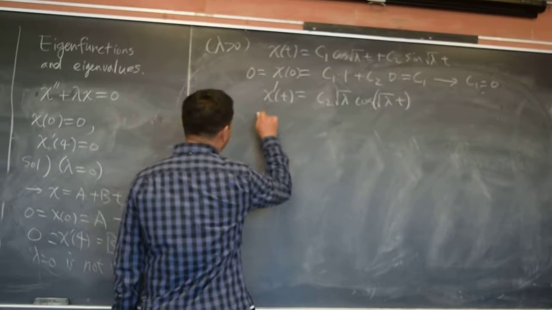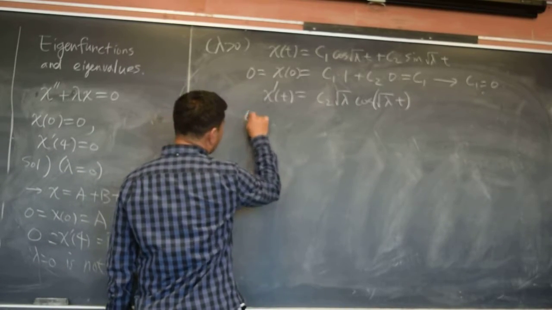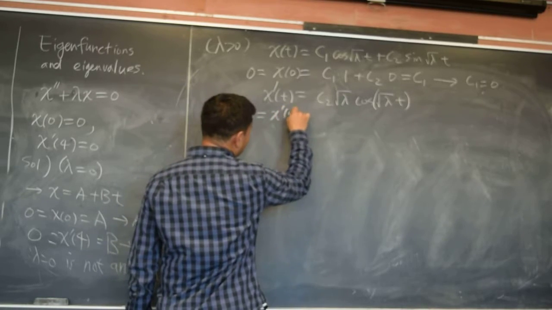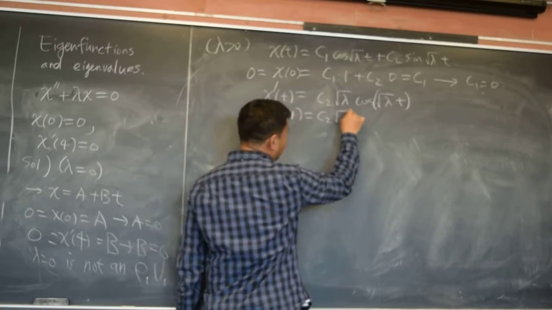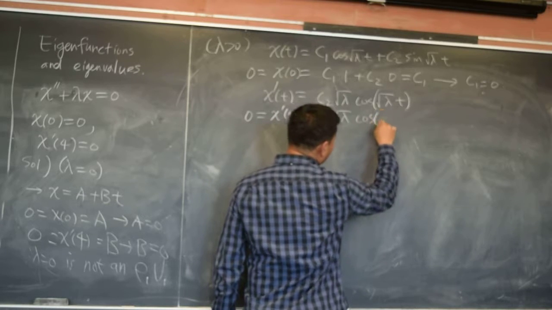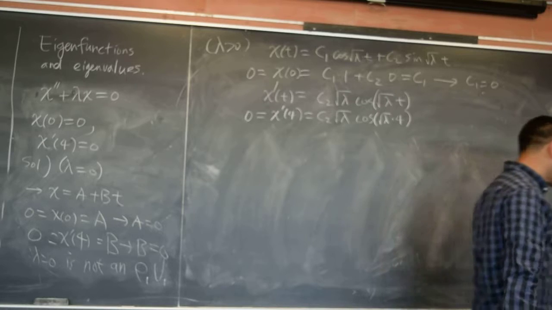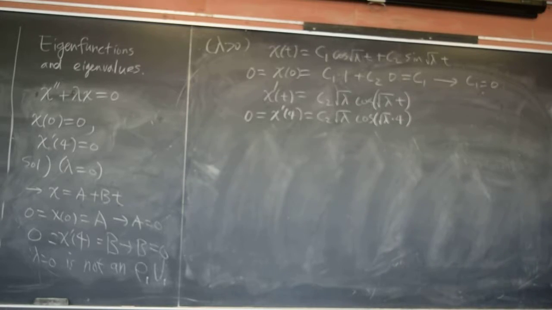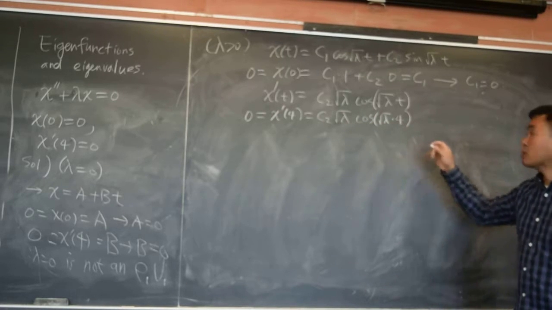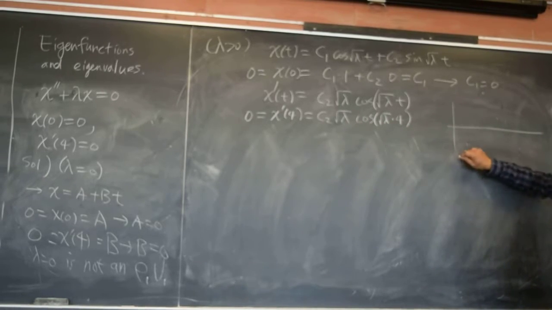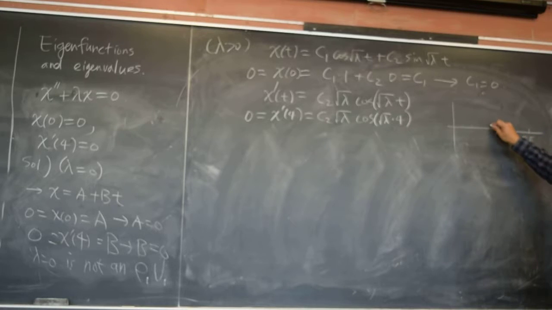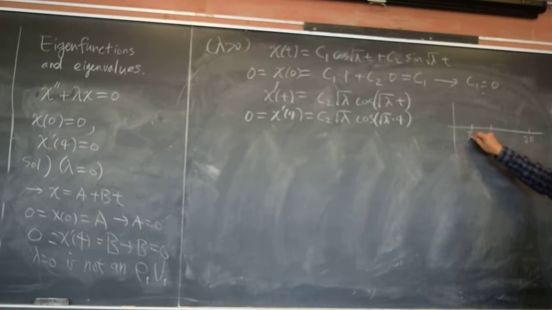And then for x prime of 4 to be 0, we end up with c2 times square root of lambda cosine square root of lambda times 4. And that brings us into the question, when is cosine 0? Let's look at the graph of the cosine. It's pi over 2, 3 pi over 2.